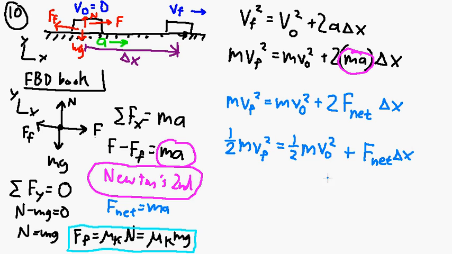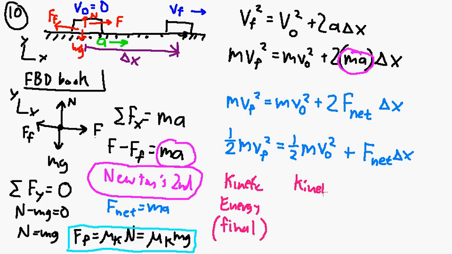Now, believe it or not, this is something we're going to be discussing sometime. I'm not sure if it'll be before Christmas or after, but this is kinetic energy. It's the energy of motion. Final kinetic energy, because we have v final. 1/2 m v squared is kinetic energy.